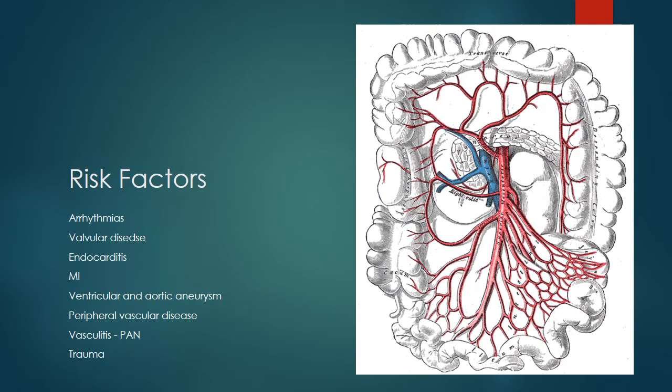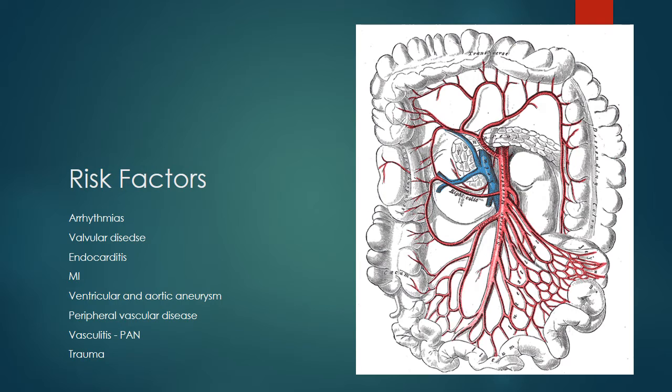Similarly, anybody who has valvular disease is at risk of developing microemboli that can then fly off, or even conditions like endocarditis, are also at particular risk for developing mesenteric ischemia.